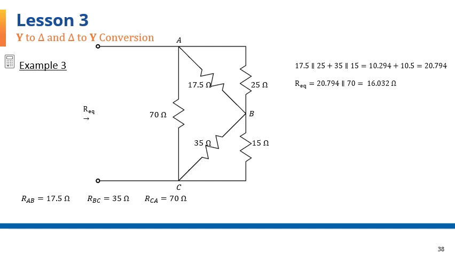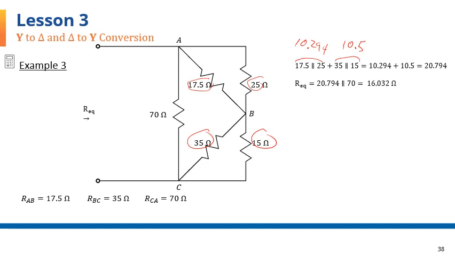So we'll start with taking the parallel of 17.5 and 25, and that's right here. I've pre-calculated that, and that comes to 10.294, and we'll take the equivalent of the parallel of the 15 and 35 shown here, and that comes to 10.5.